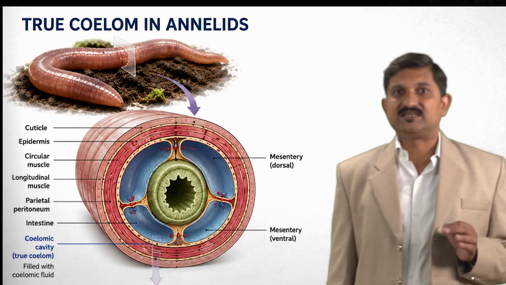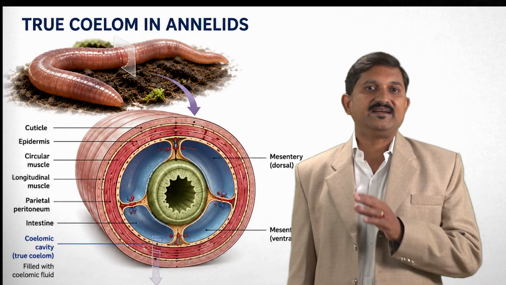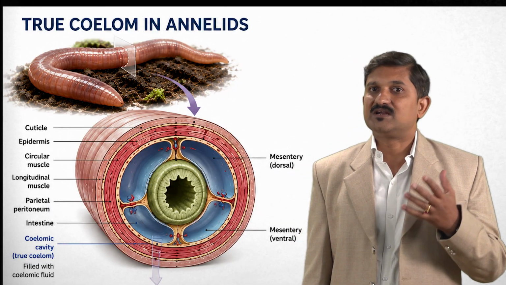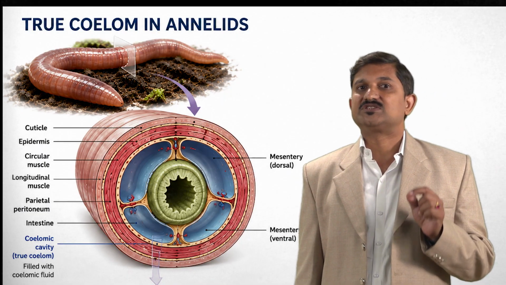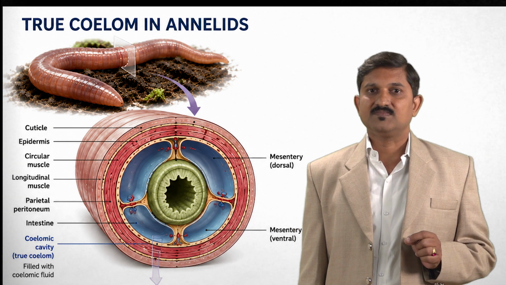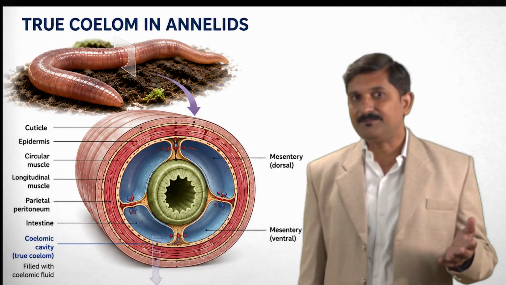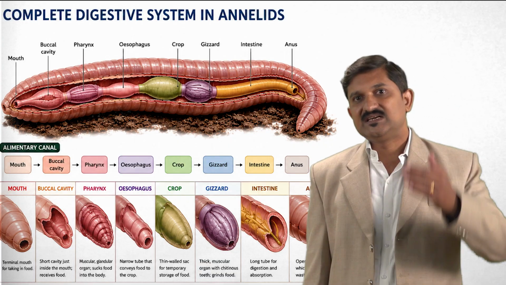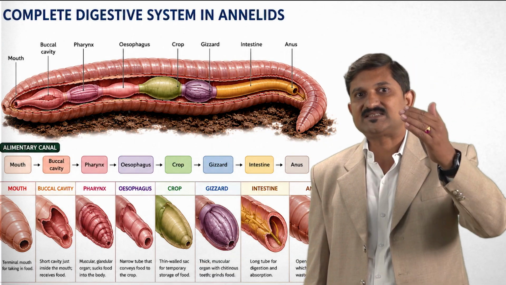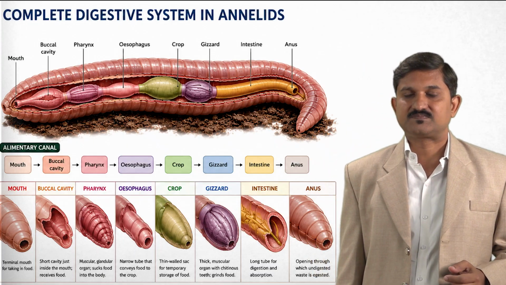In most annelids, the coelom is divided by septa or compartments. This coelom is filled with coelomic fluid. The digestive system is complete like you have seen in case of Aschelminths. That means it starts from mouth and ends at anus.